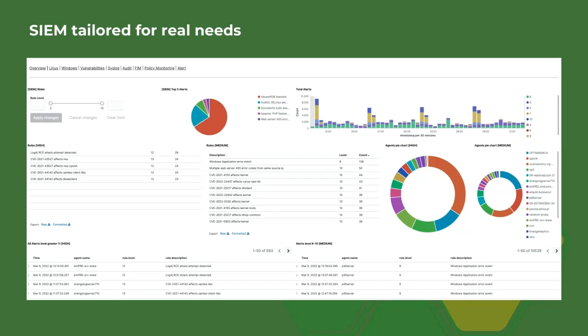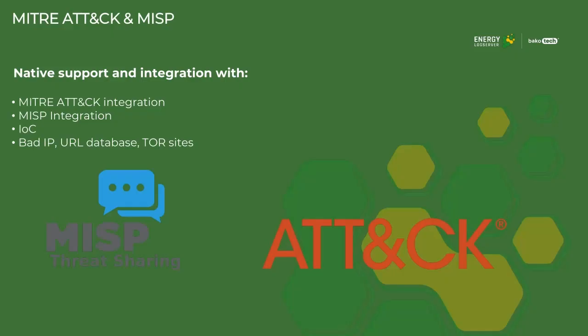We are delivering pre-built dashboards, pre-built reports, pre-built correlation rules, but still at the same time you can influence and build your own diagrams. You can build your own dashboards to make your life easier.